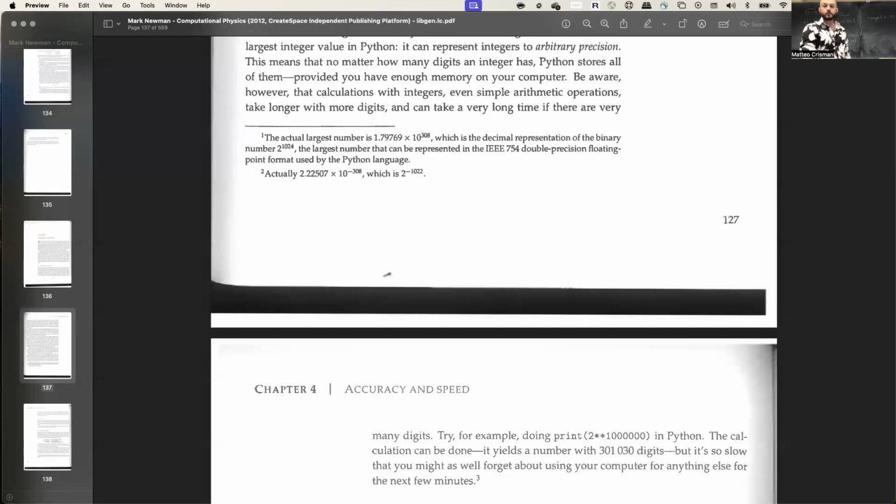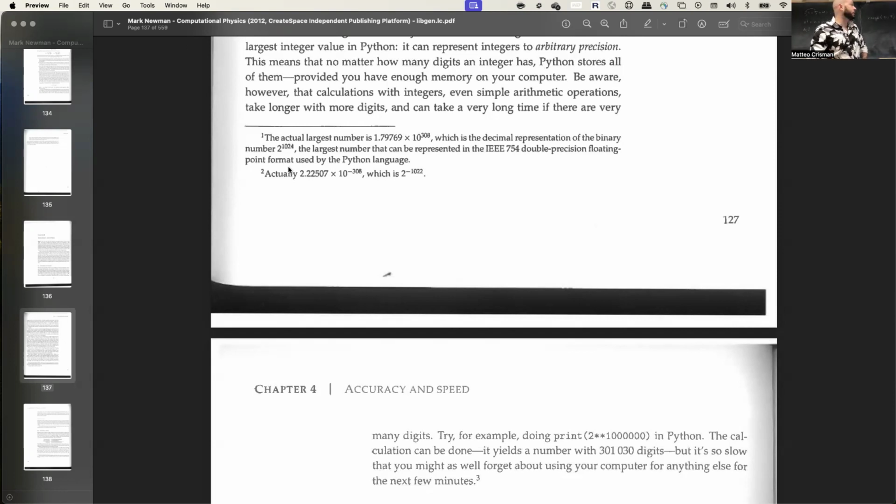Which is the decimal representation of the binary number 2 to the 1024.